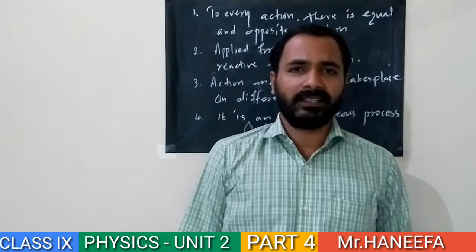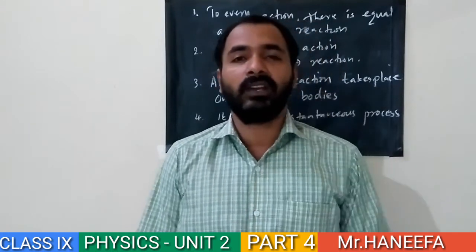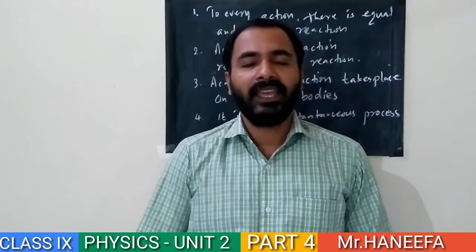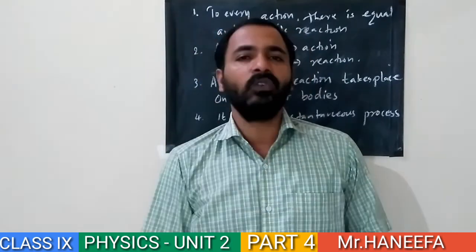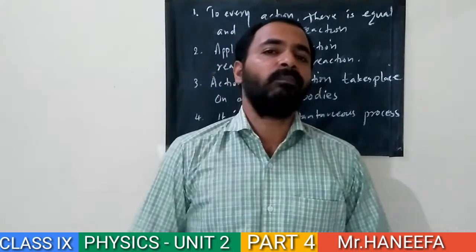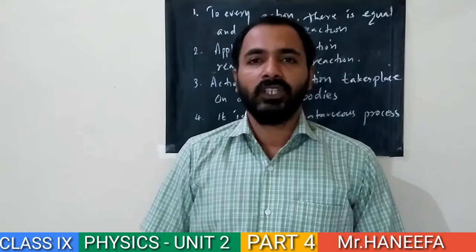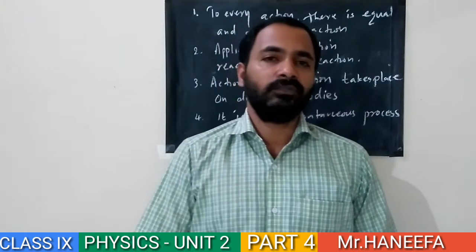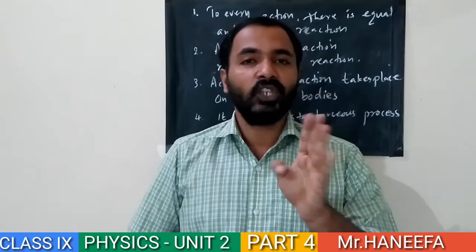When the ignition process starts in a rocket, air moves in the downward direction. That time the rocket moves in the upward direction. That is the application of Newton's third law of motion. Rocket propulsion is the application of Newton's third law.